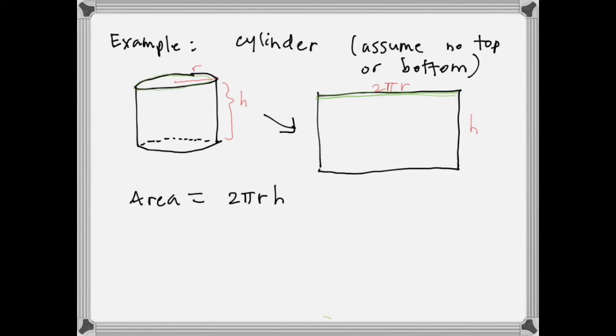Okay, so now we're going to move on to some more complicated shapes, okay? The one that we're going to look at is something called a frustum. So what is a frustum? A frustum is a shape that looks like this.